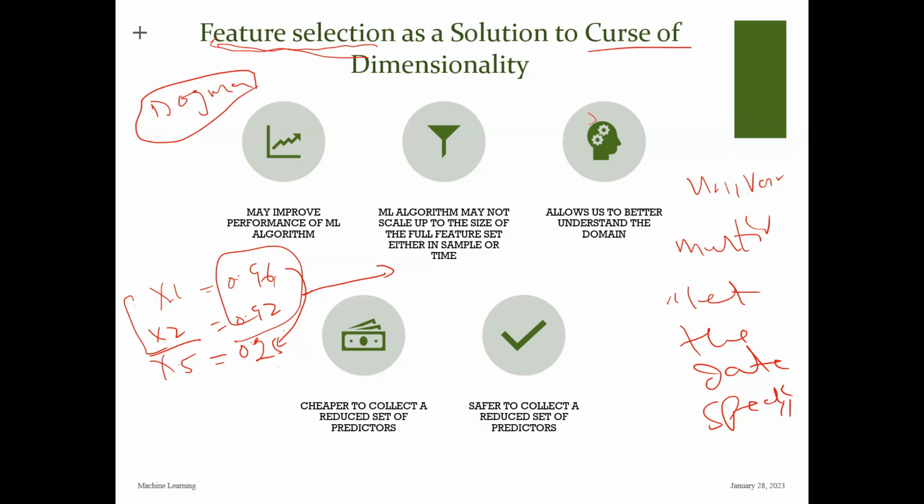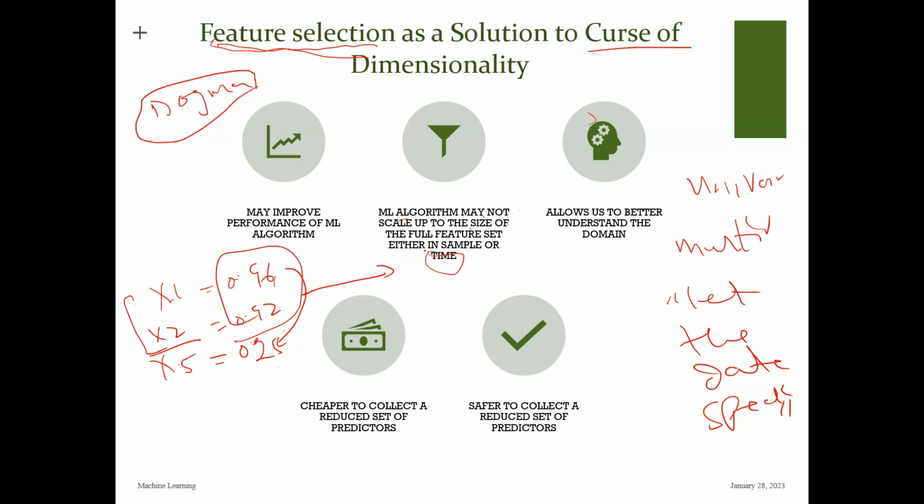But which one is better? Like I said, there's no saying which one is better. You have to check your data set and see which one works for it. It could be an optimization problem, looking for the best number of features and the actual features that will give you the best possible result. So we say machine learning algorithms may not scale up to the size of the full feature set, either in sample or time.